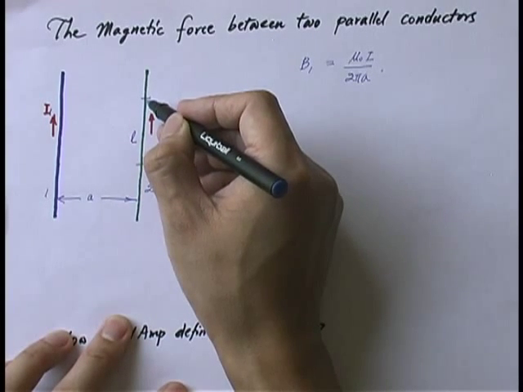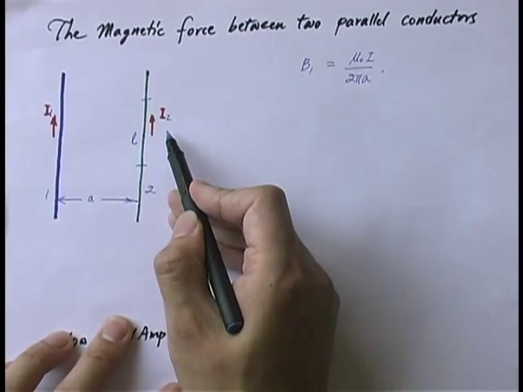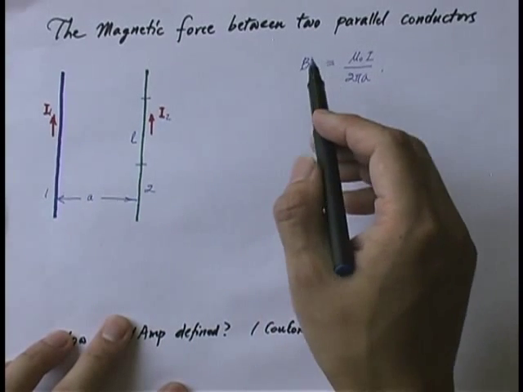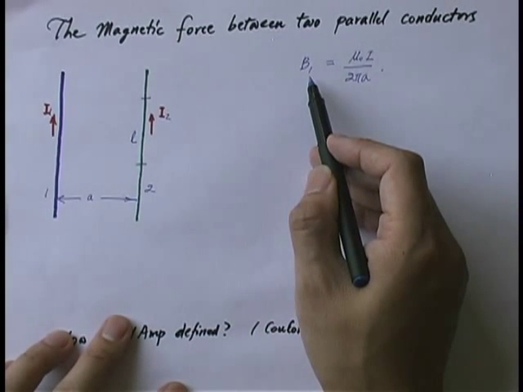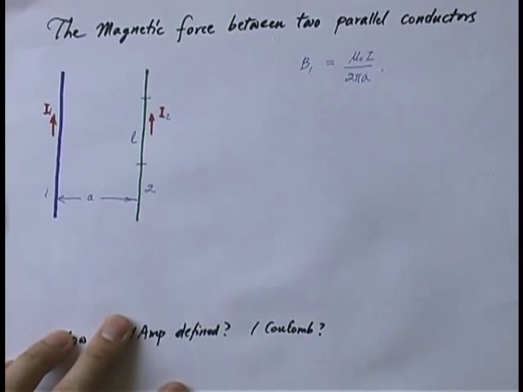The force exerted on this particular segment of length L of the second wire due to the magnetic field of the first wire, how much is that equal to? What you do is you take that B1, times the current I2, times L. Remember that? That was the expression for the magnetic force on a finite segment of the current.